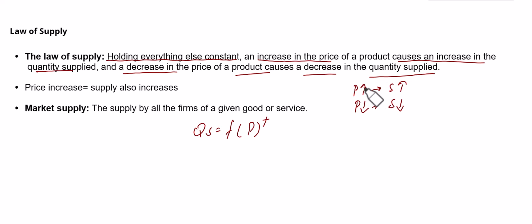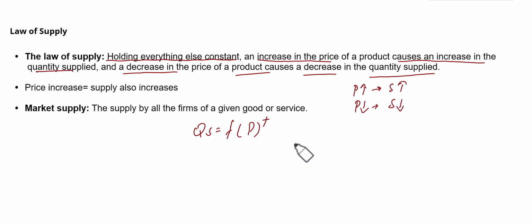This increase in price level motivates the producer to supply more goods in the market. And when price decreases, the profit margin of the producer decreases, so they are less willing to supply in the market. So there is a positive relationship between quantity supplied and price level.